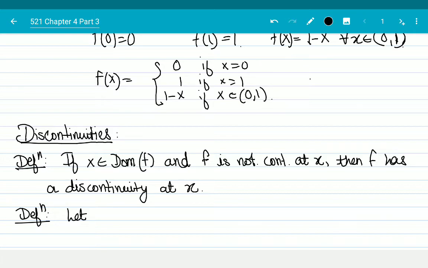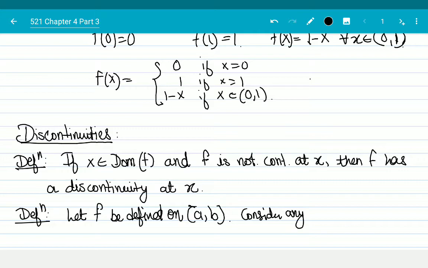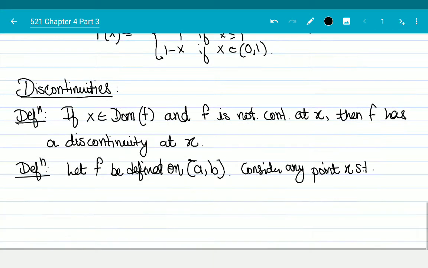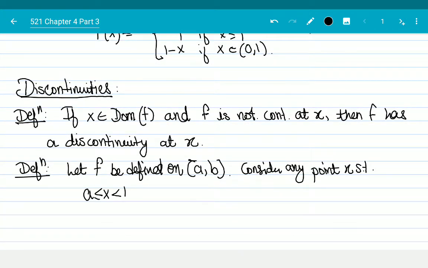Another definition. Let f be defined on (a, b). Consider any point x such that a is smaller than or equal to x smaller than b. Then we write f of x plus is equal to q.